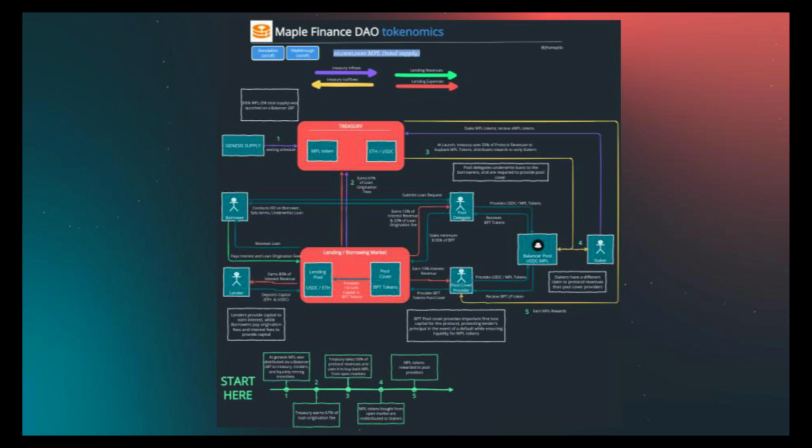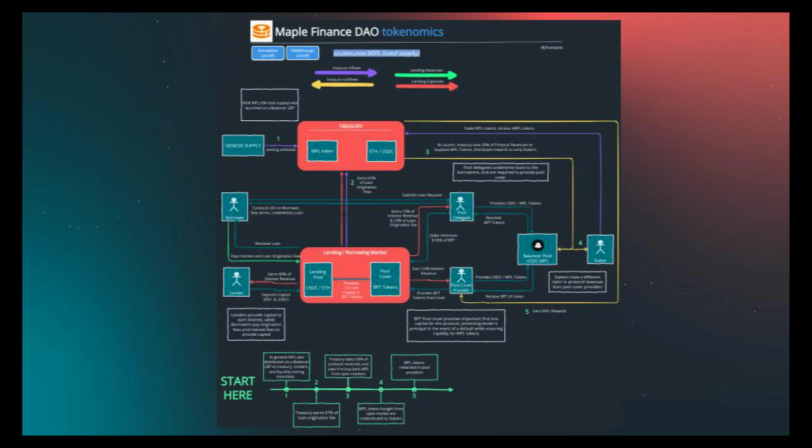So now those initial Genesis tokens are distributed. How does everything flow together? Well, you start with the treasury earning 67% of the loan origination fee. For any loan that's distributed, the lenders charge an origination fee, and then they also make money from the interest income.